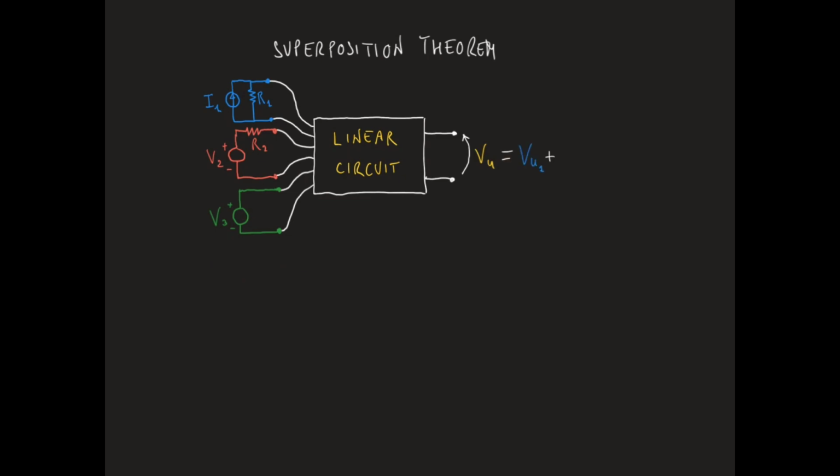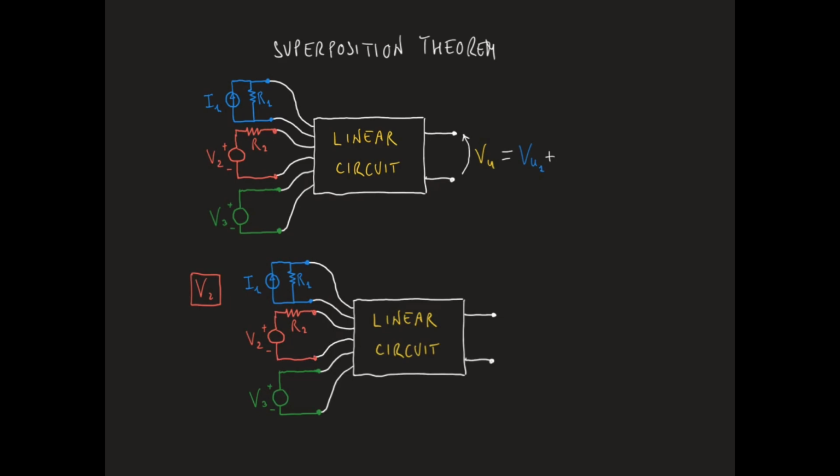We then repeat the same procedure, this time considering the response of the circuit to the voltage source V2 alone. As we did before, we need to switch off the other two sources, the current source I1 and the voltage source V3, and replace them with their internal resistance. As we know, when we switch a current source off, we get an open circuit.